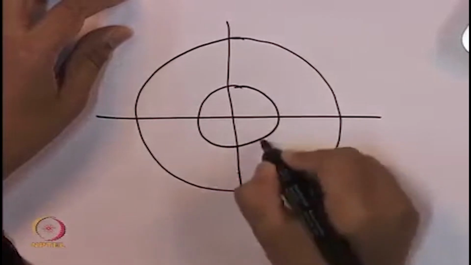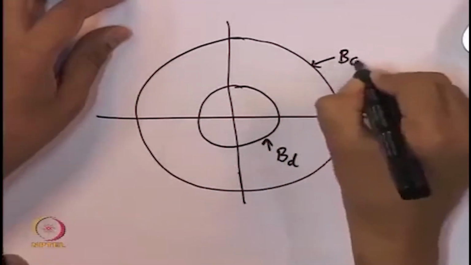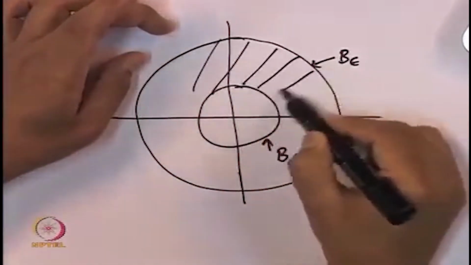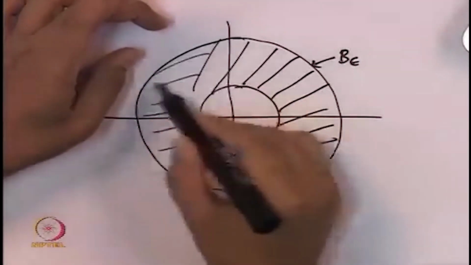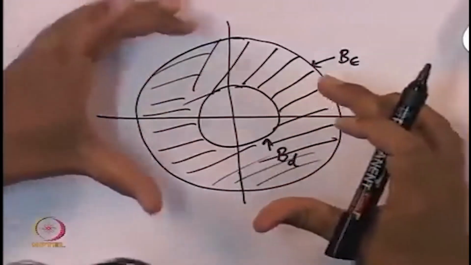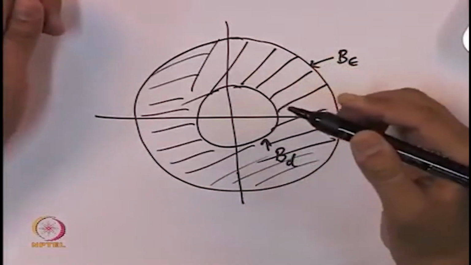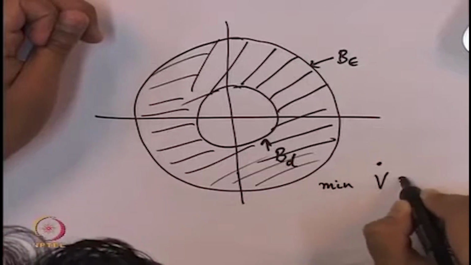This is the ball BD, this is the ball B epsilon, and omega c is something sitting in the middle. So over this particular shaded region, we are going to look for the minimum value of V dot of x.